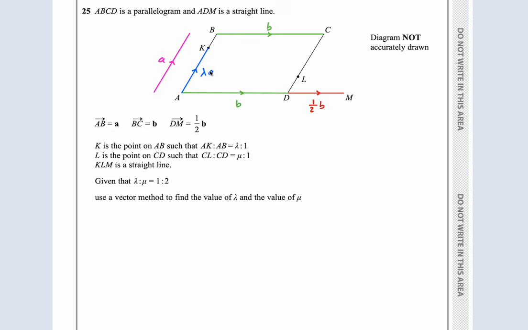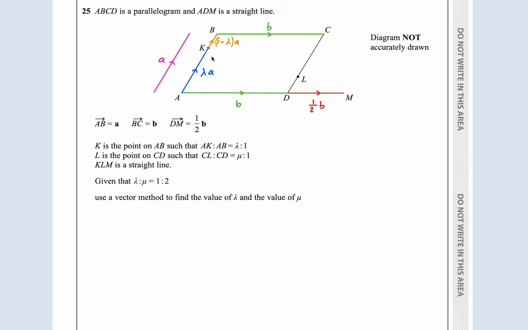That's the fraction. So from A to K, it's lambda a. From K to B, if it's lambda a to there, what's left is 1 minus lambda a. Because if you add these together, lambda a plus a minus lambda a just gives me a.